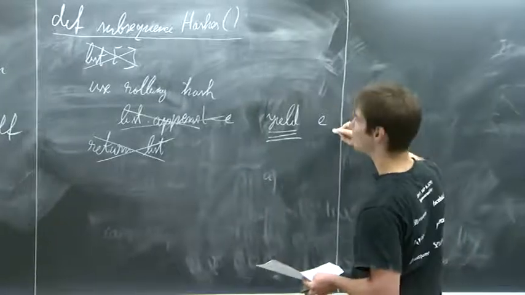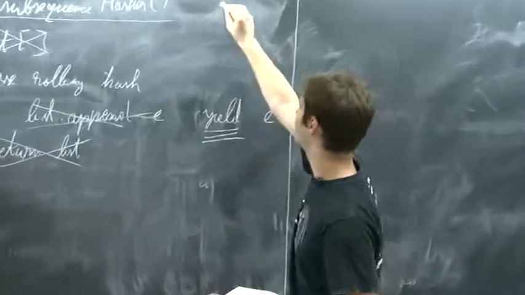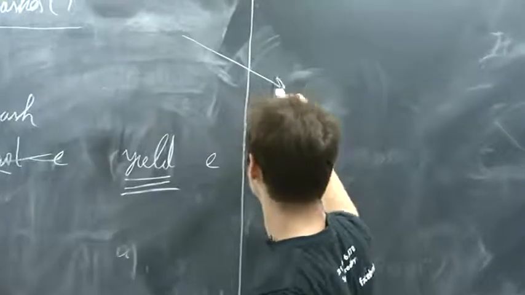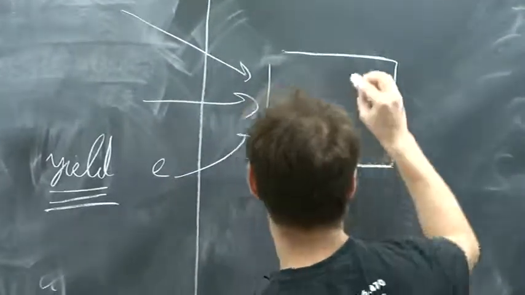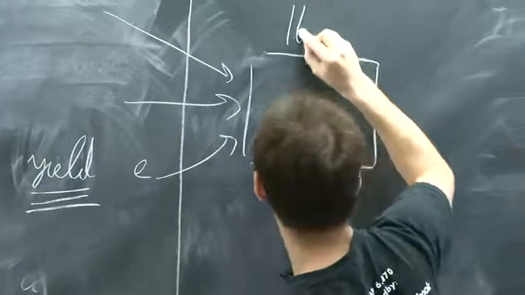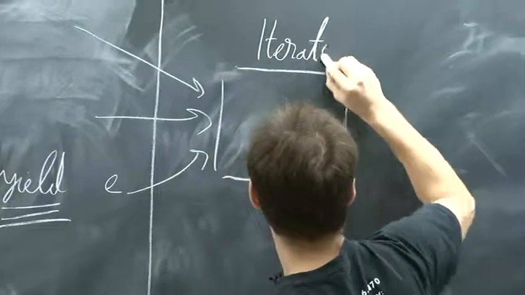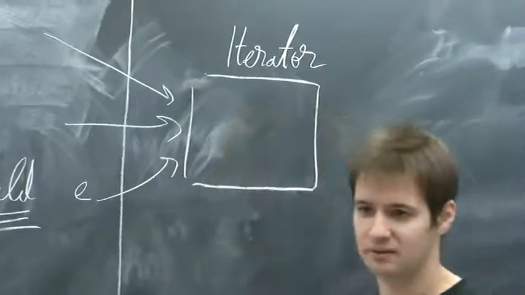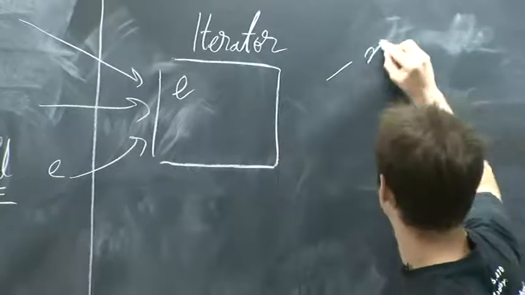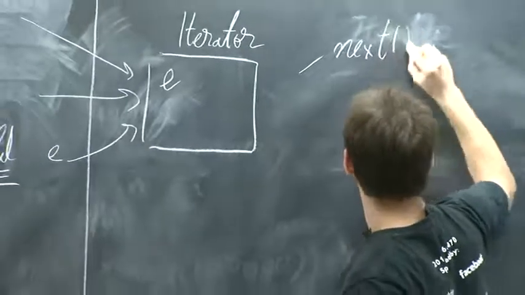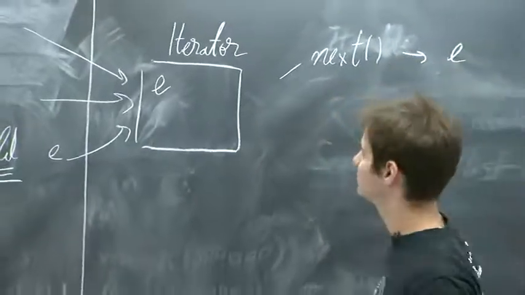All right. So we will grab some information from here. We'll put it in a nice box. And that box will behave like an iterator. Okay, so the first thing, someone said put e away, so that when we call next, we're going to spit that out.